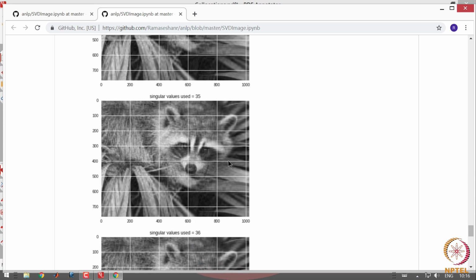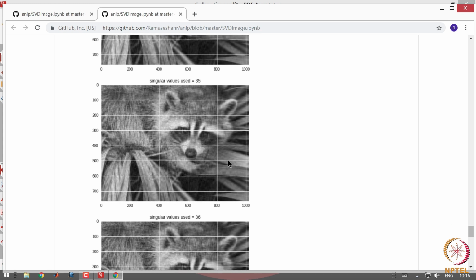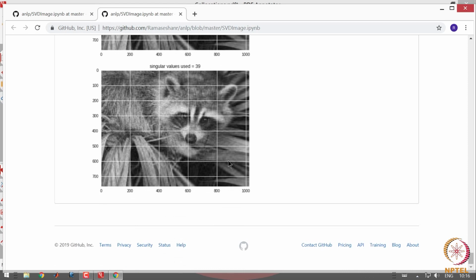In this fashion, if you go back and look at what has happened in the transform domain, the patterns are really captured, and those with the maximum variance are made available in the top 10 or 20 singular values. And as you go down the path after 100, you will not see any change in the picture.